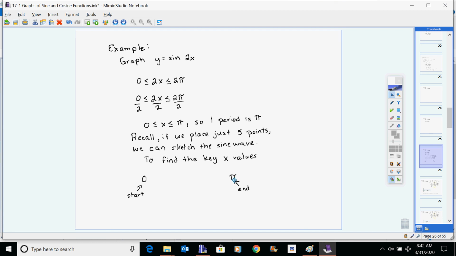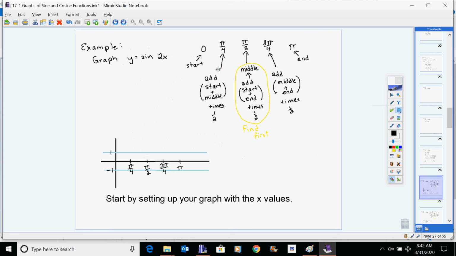And we're thinking fractions here, so halfway between 0 and 1 is 1/2. You add the start and end and multiply by 1/2. That'll be our middle.